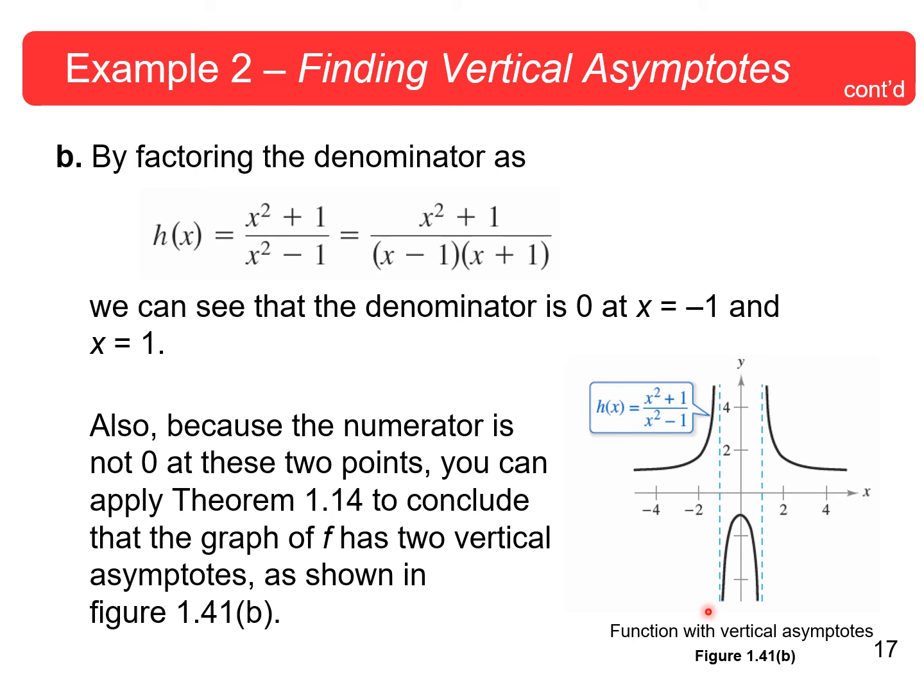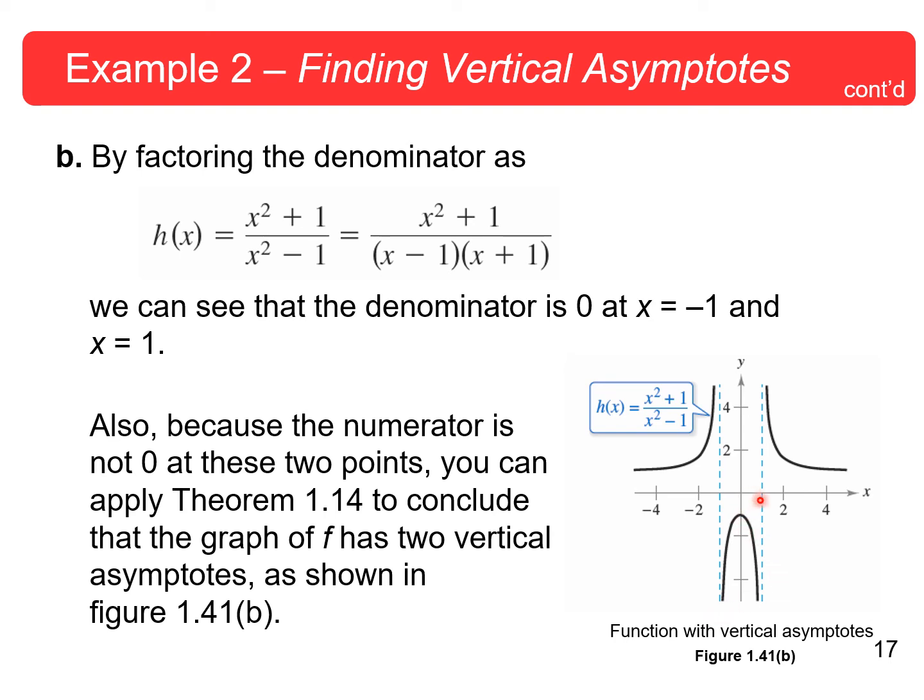And you can confirm your result by looking at the graph of this function here. This is the graph of the function (x squared plus 1) over (x squared minus 1). And as you see here, as x approaches -1 from the left, the function increases without bound. And as x approaches -1 from the right, the function decreases without bound.